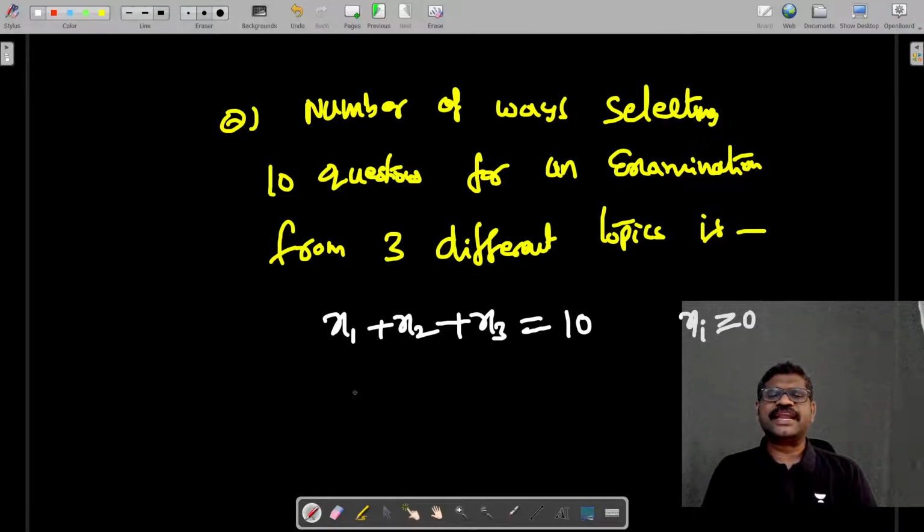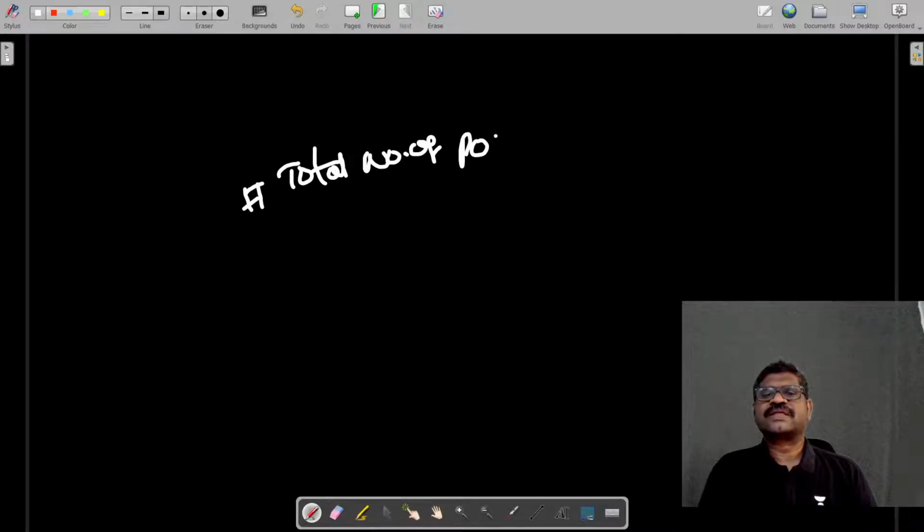Now here n is 3, r is 10. Therefore, the total number of possible ways equal to n minus 1 plus r C r.